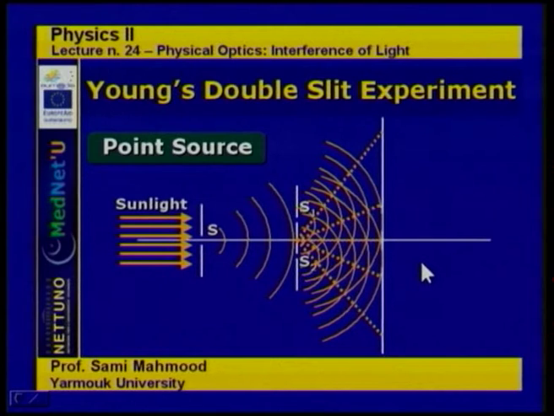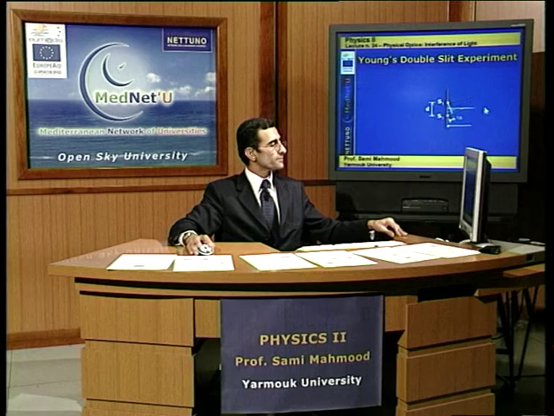These two spherical waves emitted by S1 and S2 will interfere, and they will have maximum intensity in certain directions, like this direction and this direction, where they cross, and they have minimum intensity in between, where the intensity is cancelled, and we see dark regions. So this is the principle of Young's double slit experiment.